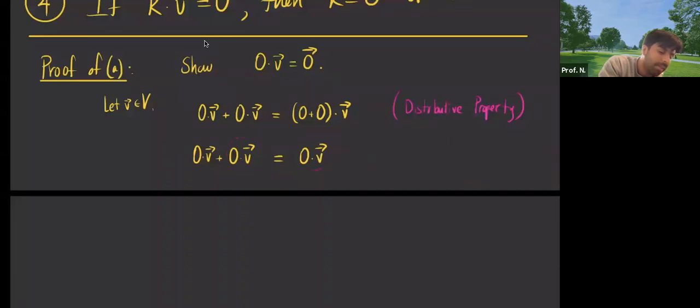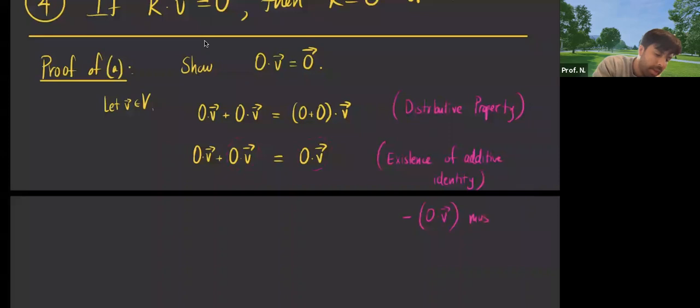What must this have? There must be an existence of the additive identity. So what must exist? Negative 0 times v must exist.